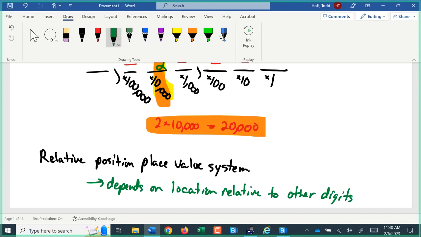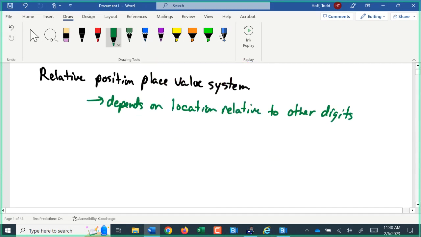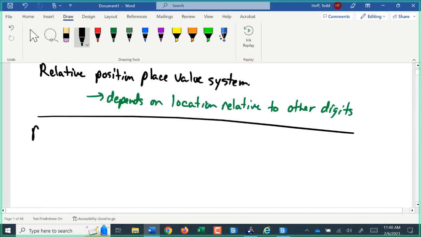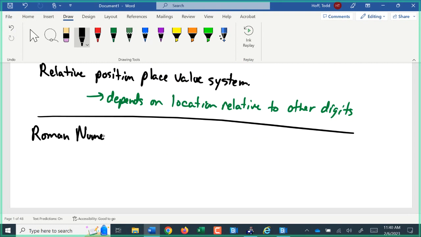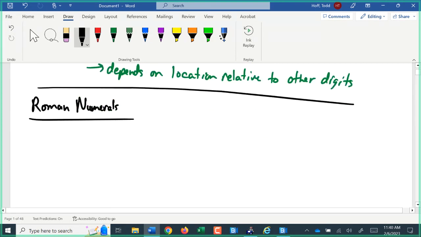Now, because we're so used to seeing our number system set up with the absolute place value system, we don't use our own digits for this. The digits that fit into this are the Roman numerals. And so the first thing we need to do is look at our Roman numerals and what they represent.